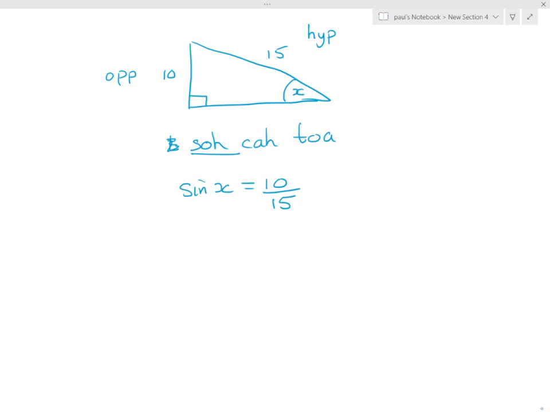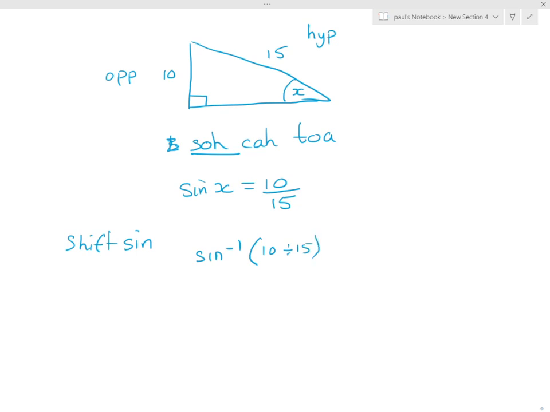So we need to use the shift sine. When you go from a numerical value to an unknown angle, you need to go shift, and the little yellow writing just above the sine button. So shift sine, and that comes up on your calculator as sine minus 1, like that. And then you just put 10 divided by 15 in the calculator.